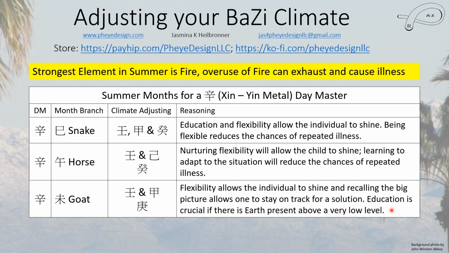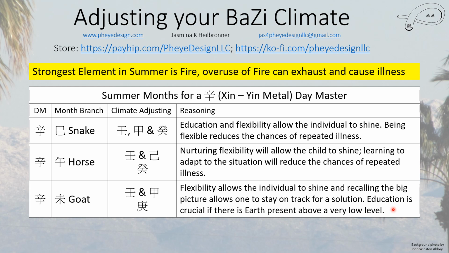And education is crucial if there is earth present above a very low level. Now, you're going to have some earth because the goat has some earth in its hidden stem. But if your overall earth, like in the Joey Yap chart, is below 15% of total, and you're looking at that spiderweb chart, you're okay.